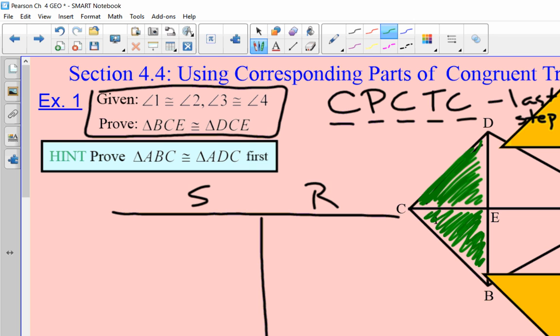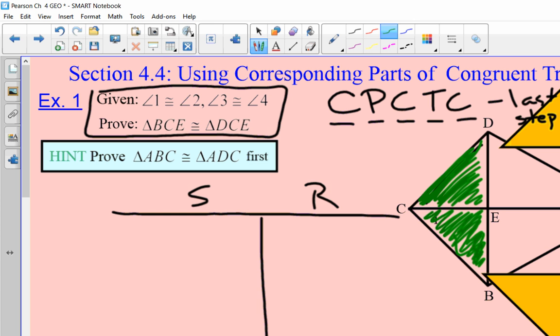Okay? And the authors of these were really nice. They said, hint, prove that triangle ABC is congruent to triangle ADC. If you looked at that, I pulled out the bigger triangles, ABC and ADC, and pulled them apart so we can see this.